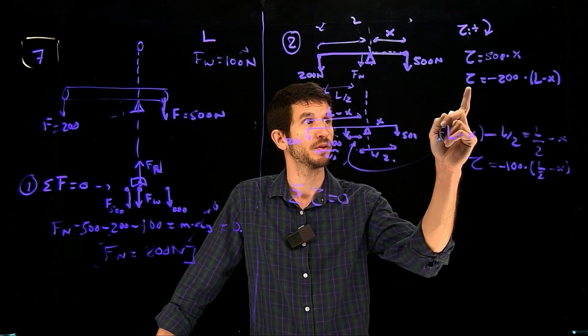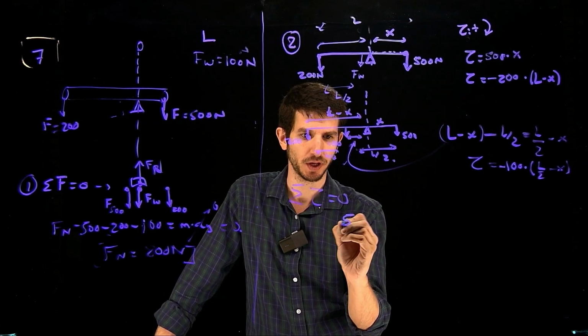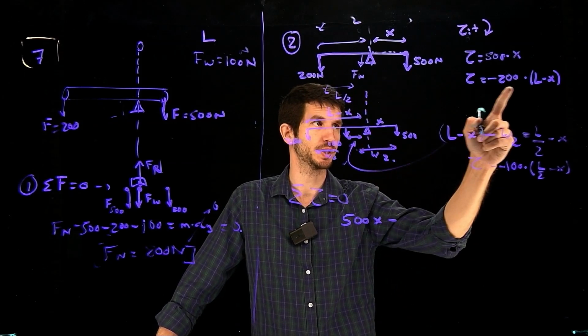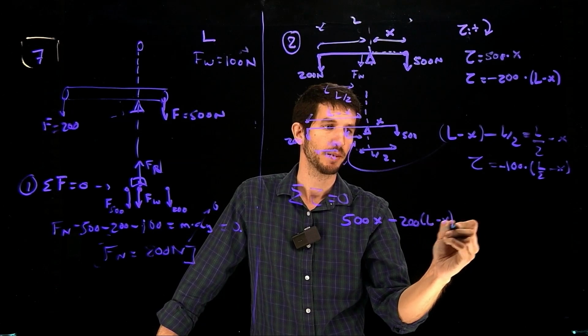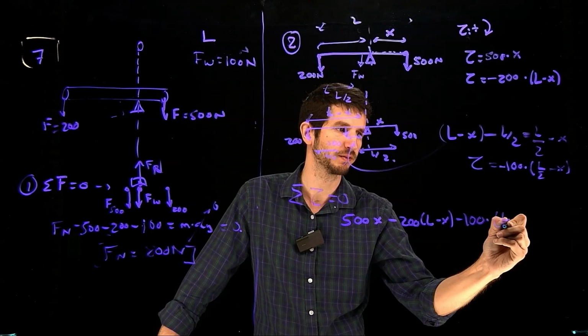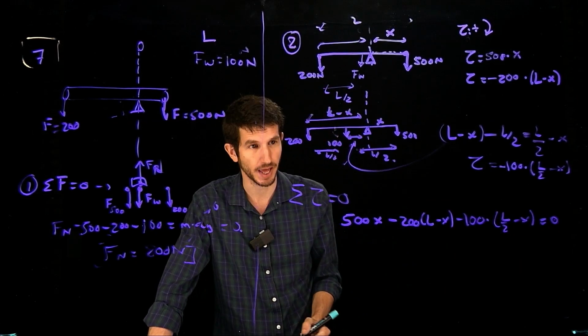So we have, on the positive, 500 times x, minus the one for this one, which is negative 200 times L minus x, minus 100, that's the weight torque, times L half minus x. And that needs to be equal to 0 because this is in equilibrium.